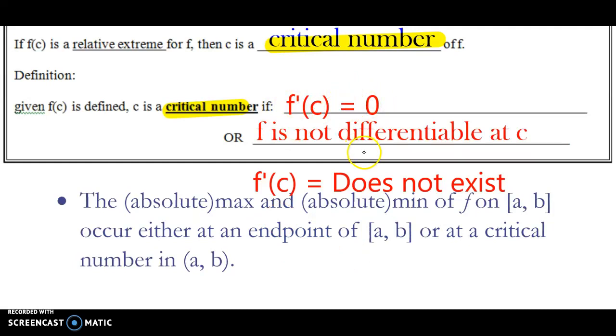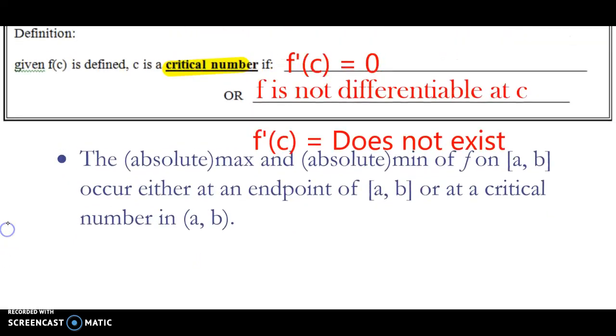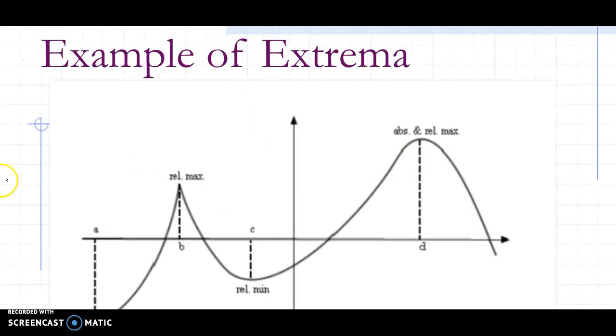But just because we have a critical number doesn't mean a relative extrema will occur there, but a relative extrema can only occur at a critical number. And that's where an absolute extrema can occur, as well as if it's within an open interval. Okay. That got a little bit wordy, but let's understand by examples here.